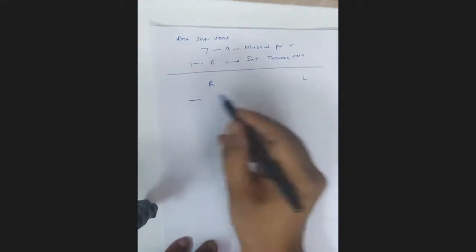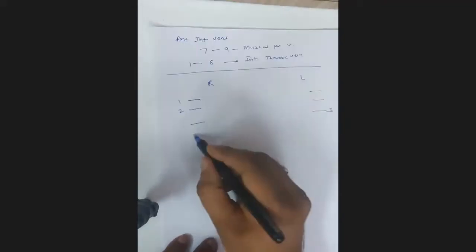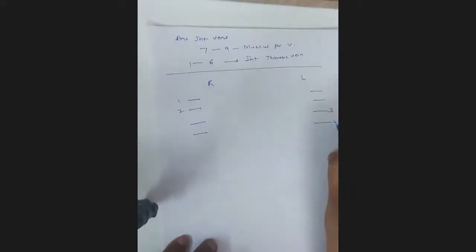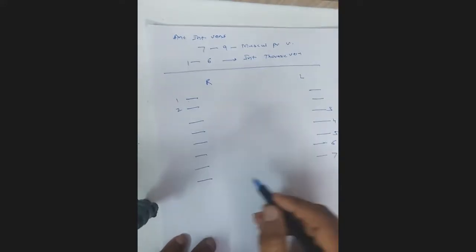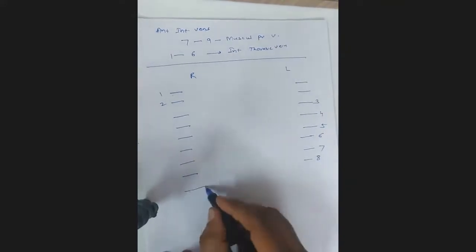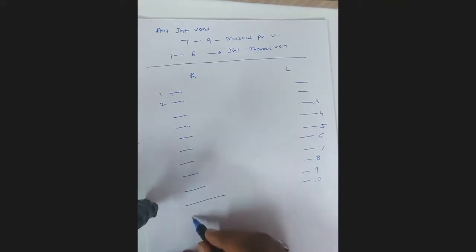So these are the posterior intercostal veins, number 1, 2, 3, 4, 5, 6, 7, 8, 9, 10, 11.